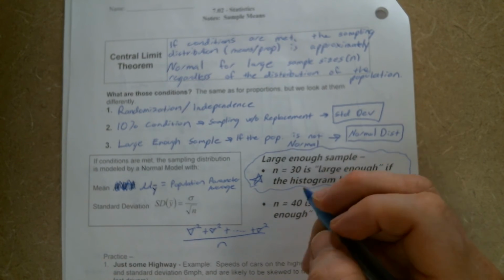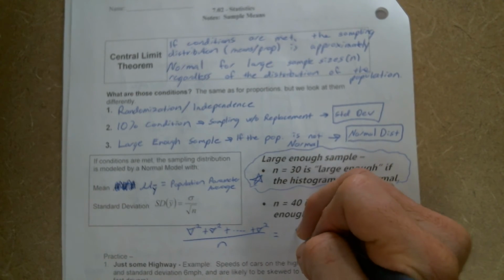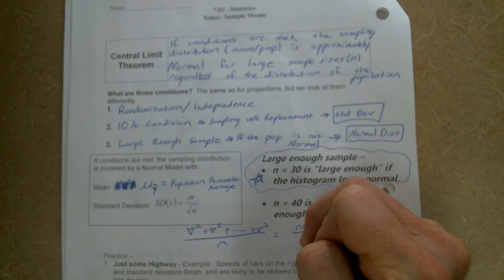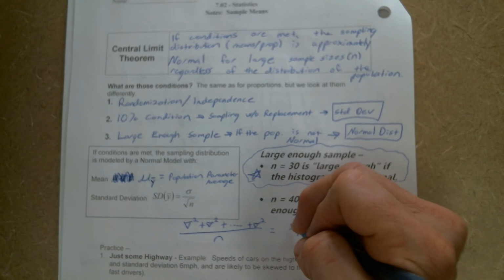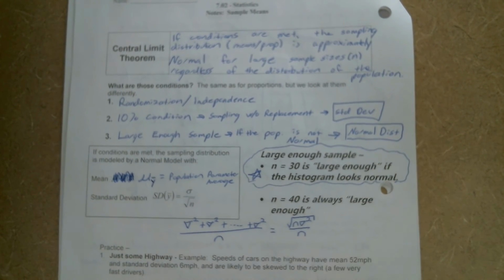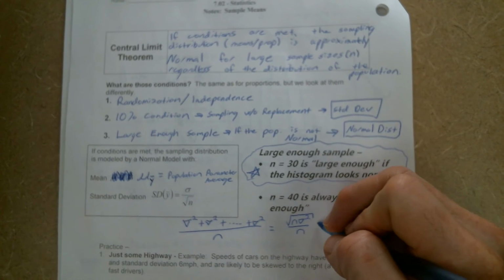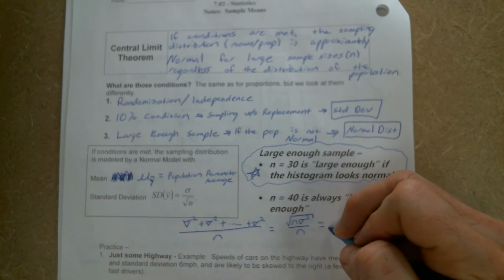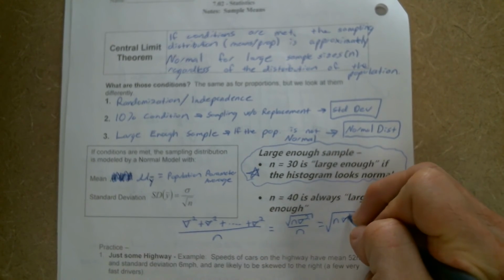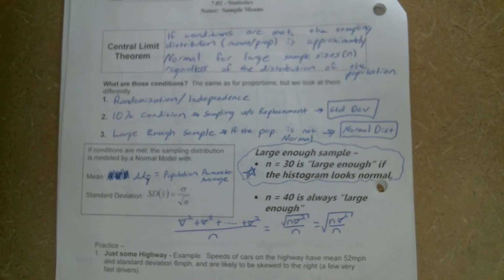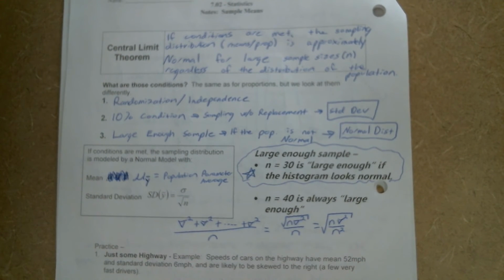Now, another way to write this would be n times the variance divided by n. We're not really concerned about variance, we're concerned about standard deviation. So I actually have to square root this. And then if I wanted to put this n underneath the square root, I could rewrite it like this, and then I've got n times the variance over n squared, because I put it under the square root.